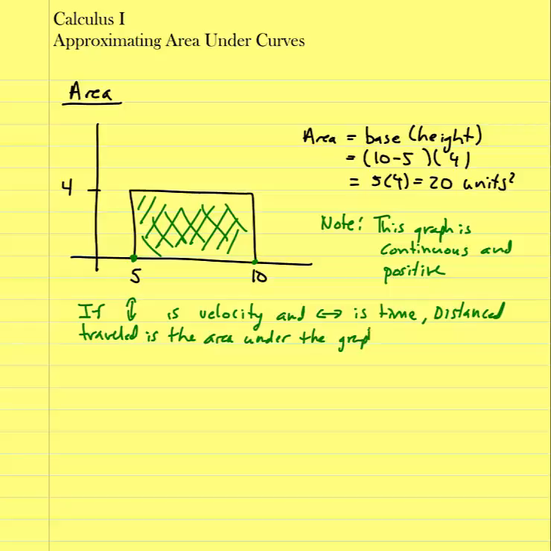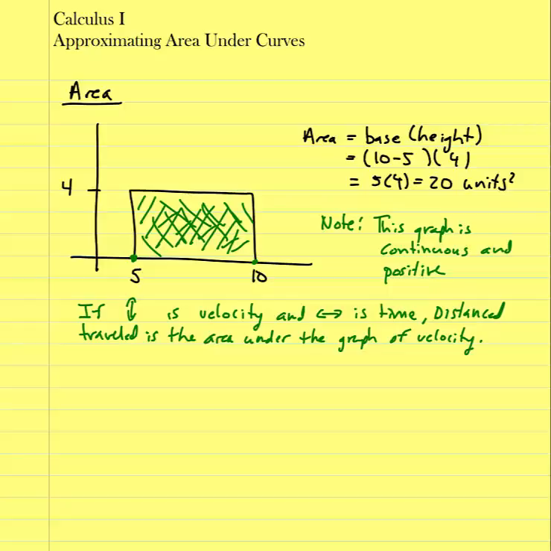So it's really neat how we can make that geometric connection. So again, distance traveled then would be 20, the area underneath this curve. So let's go ahead and look at this in terms of integration.